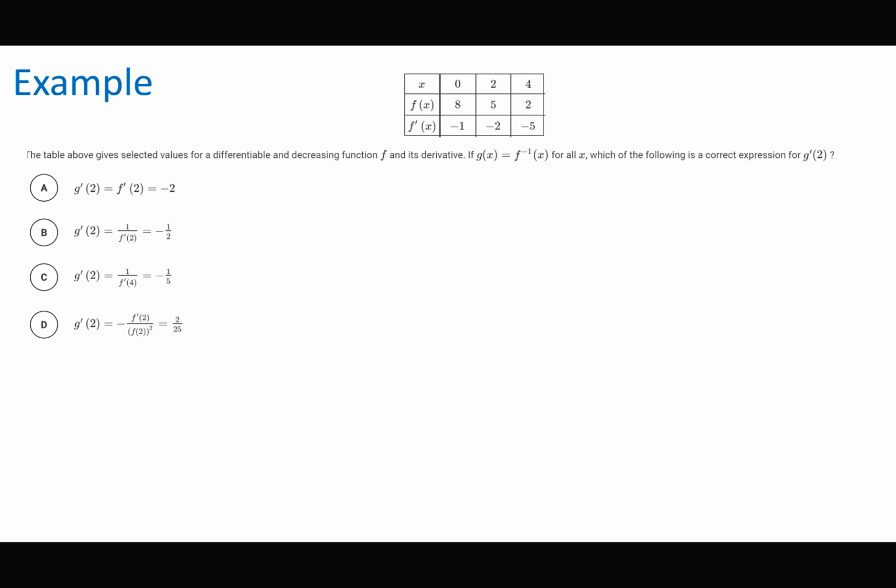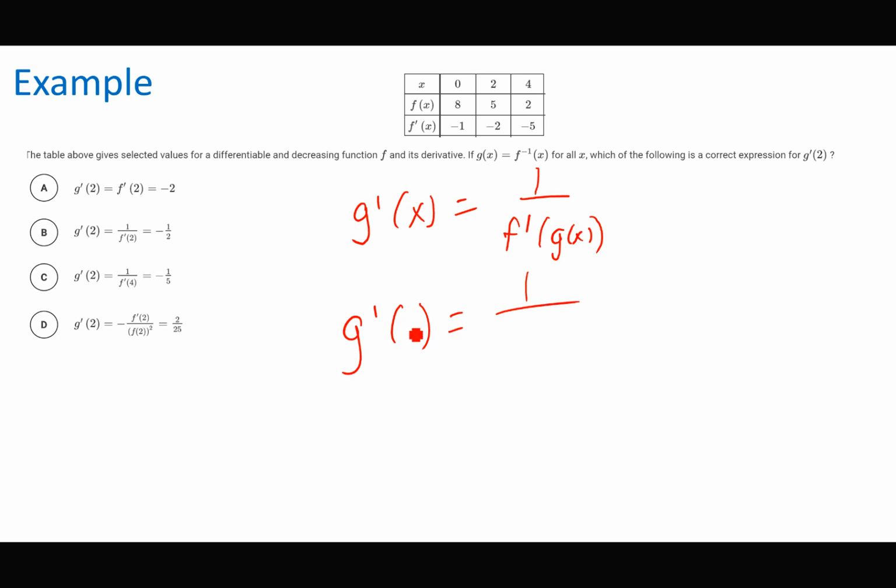Which of the following is the correct expression for g prime at 2? Okay, well, we did that g prime of x is 1 over f prime g of x. So we want to find it at 2. So it's 1 over f prime g of 2.